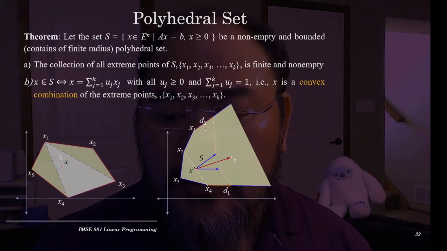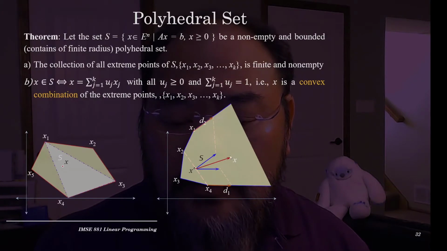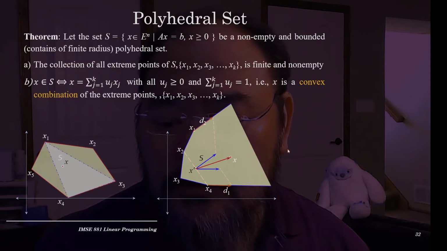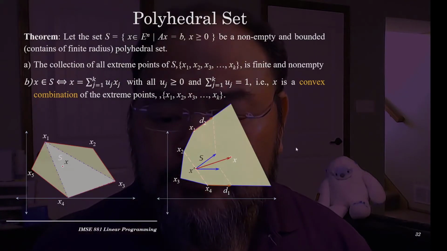So we move d1 and d2 in parallel, the blue lines, and the cone combination can represent x anywhere inside this cone.